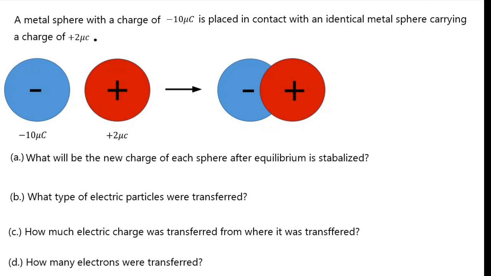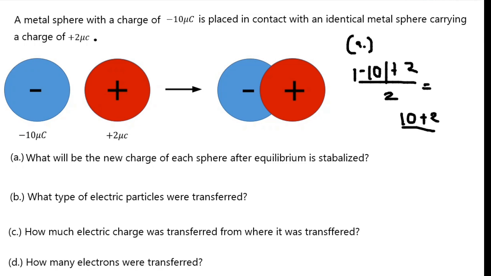Okay, now let's move on to this problem. A metal sphere with a charge of negative 10 microcoulombs is placed in contact with an identical metal sphere carrying a charge of positive 2 microcoulombs. Part A: what will be the new charge of each sphere after equilibrium is stabilized? To calculate it, once the two charges stabilize, it's just going to be an average of the two. The negative we make positive because charge is a scalar quantity, it cannot be negative.